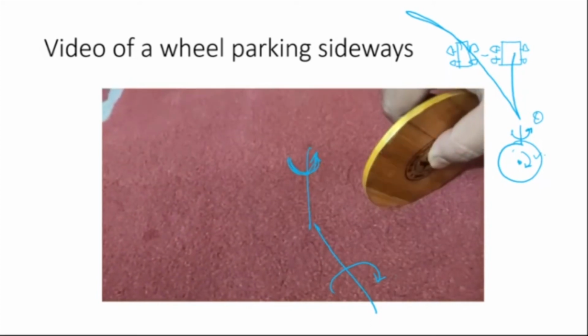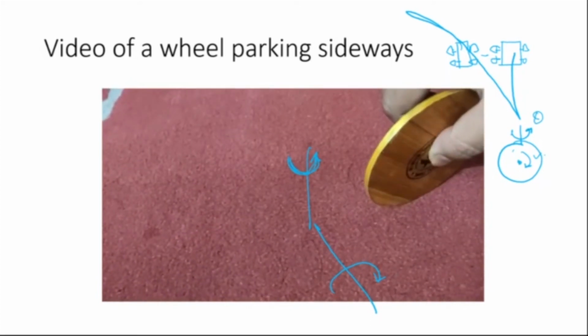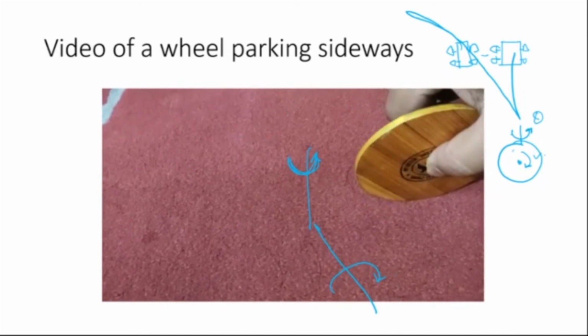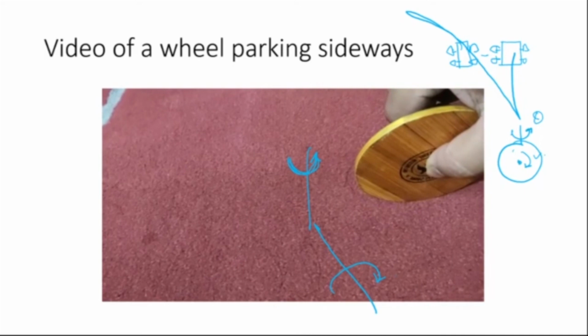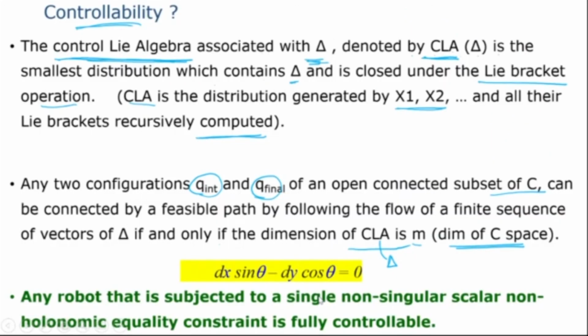Because it is at an angle, it has gone at an angle. That is my vector field 3. And it has again steered. That's my vector field 4. Or I can say x1 is the forward direction, x2 is the rotation, x3 is back, which is minus x1, and x4 is x2 again.